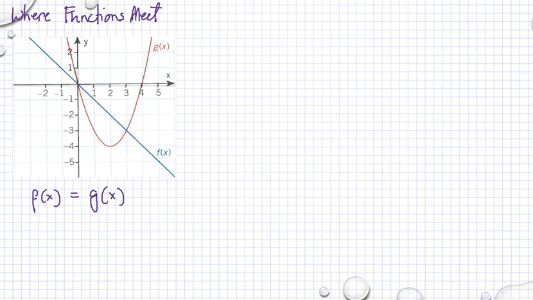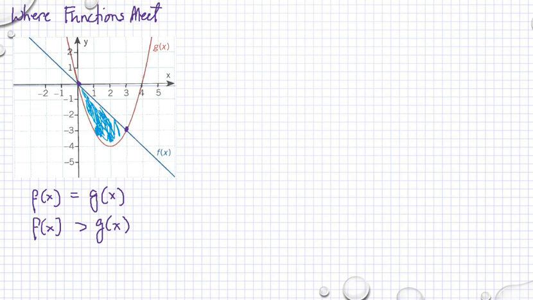Then we're talking about these 2 points. But if we're saying f of x is greater than g of x, that means the blue line is above the red line. Then we're talking about this area.